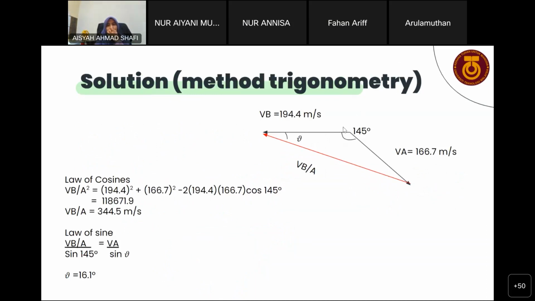So for the relative motion, when you want to solve using trigonometry, you need to start both vectors of the triangle at the same point.